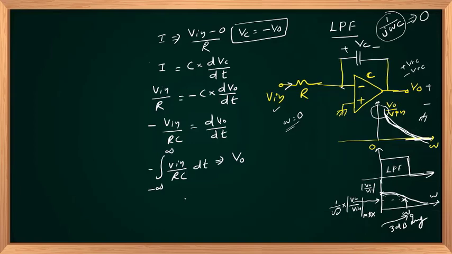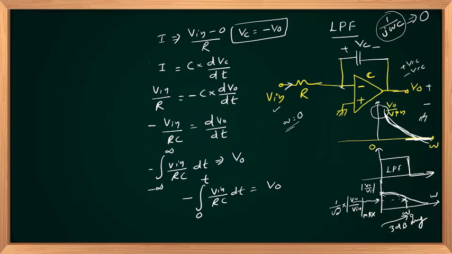If we are energizing the circuit at t equal to 0 and observing the circuit at t equal to small t, then I should put a limit from 0 to t. The value minus V in by RC dt is equal to V out, since I have eliminated the time interval from minus infinity to 0, during which I was not able to identify the state of the circuit.